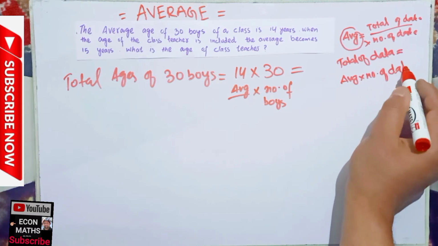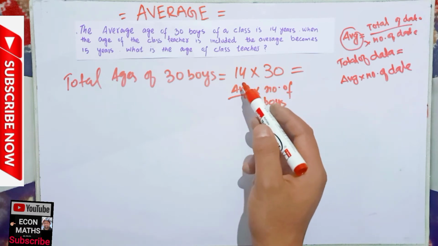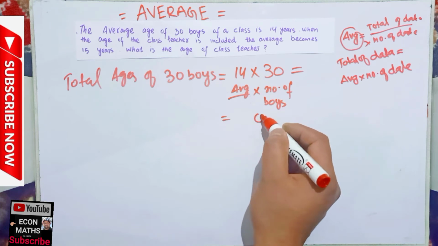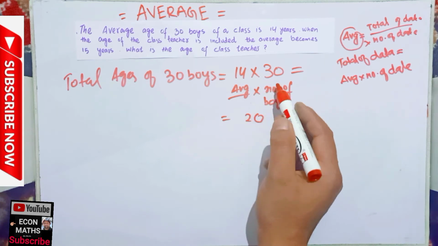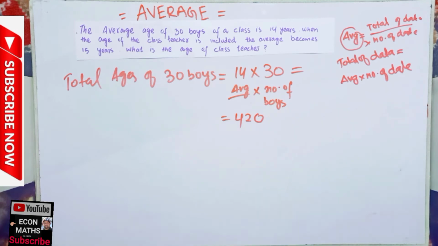So we use that relation here. Average is 14 and number of boys is 30. So this comes out to be 14 into 30, which is 420 years.